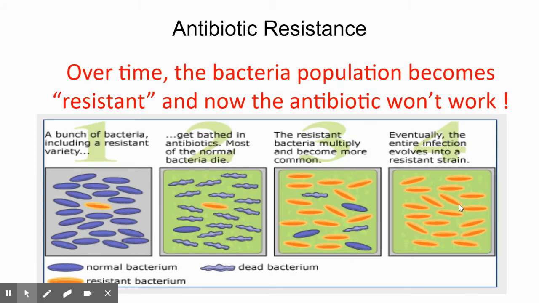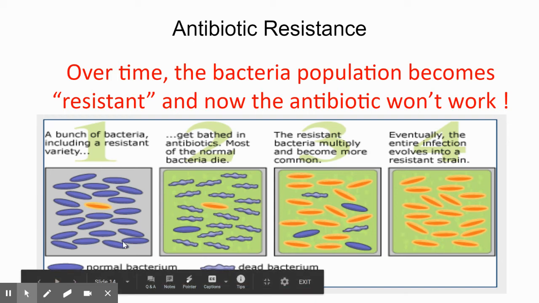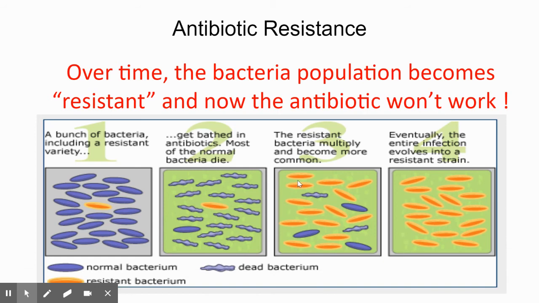So this is just another visual here. The purple ones are the normal and the orange ones are the resistant. Here's a bunch of bacteria. You take your antibiotic. Most of the bacteria cells are going to die. We have one normal and one resistant that survive. They are going to start dividing to make more bacteria.